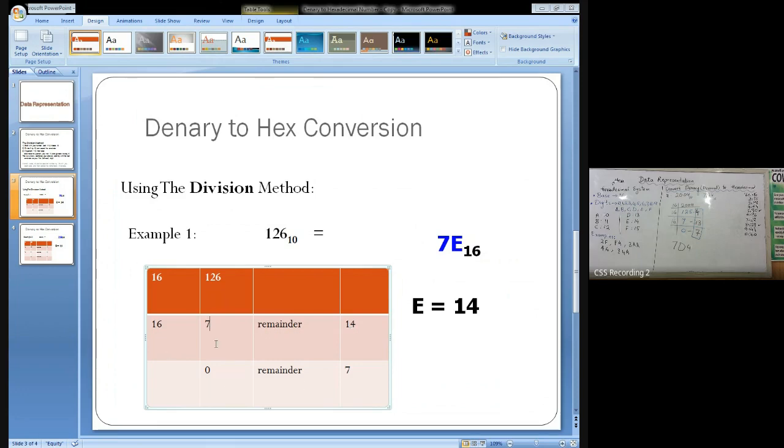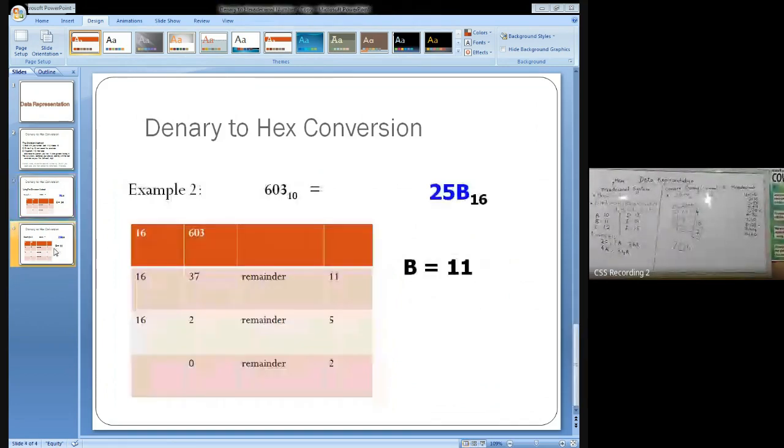After that, 7 will be divided by 16, and you will get the remainder 7. So from bottom to top, you write the answer 7, and 14 is for E. We replace it with the letter, and we got the answer 7E as a hexadecimal number.